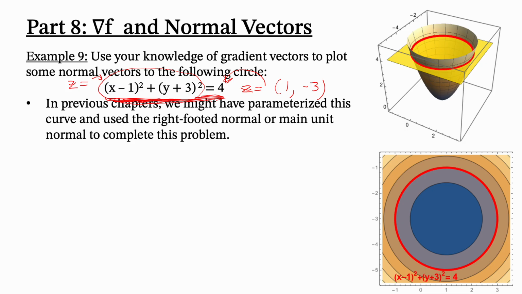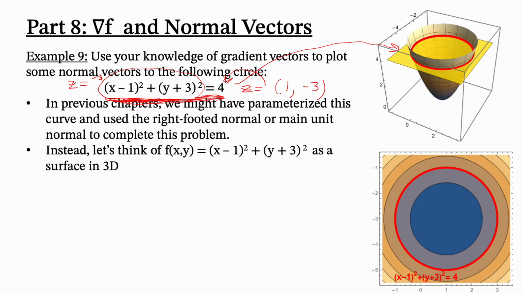So in Algebra 2, you would have just thought of this as a circle of radius 2. But now we could think of this equation as a paraboloid living in 3D space and a horizontal plane living in 3D space. And the circle is the intersection, the level curve that we get between the two.